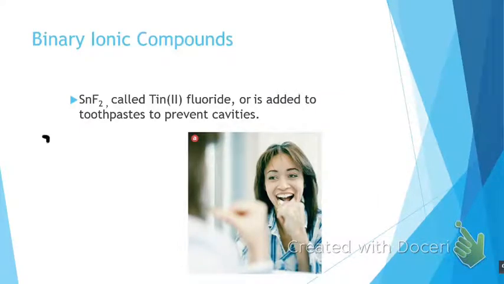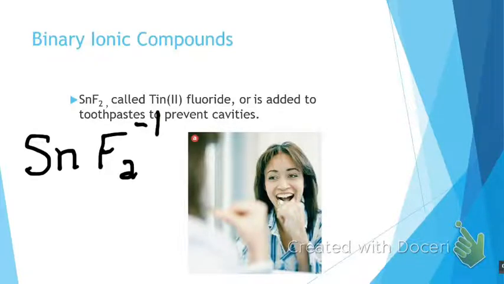I'm working with tin and fluoride, and I have 2 fluorides, each a -1. So my charge on fluorine is a 2 negative. Therefore, to make this a neutral compound, my tin must be a 2 plus. Therefore, I can surely call it tin 2 fluoride.